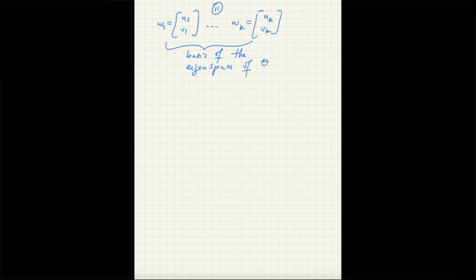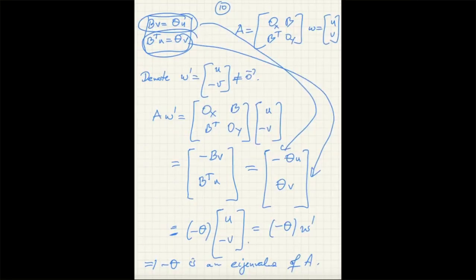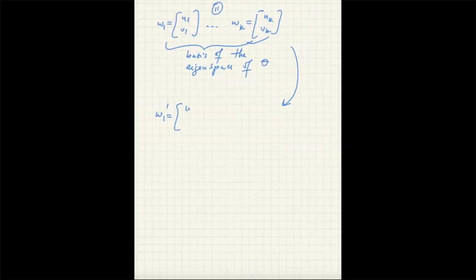K could be 1, but it could be larger. Then by our previous argument, the vectors W prime 1, which is U1 minus V1, up to UK minus VK, are eigenvectors of minus theta.